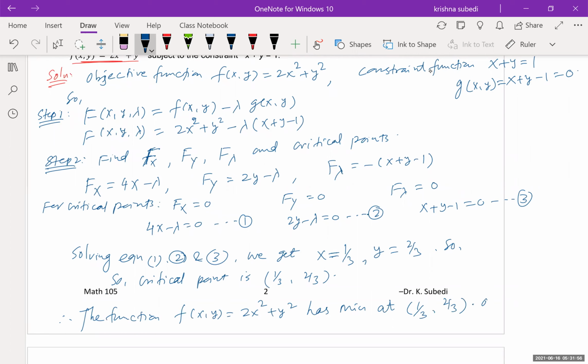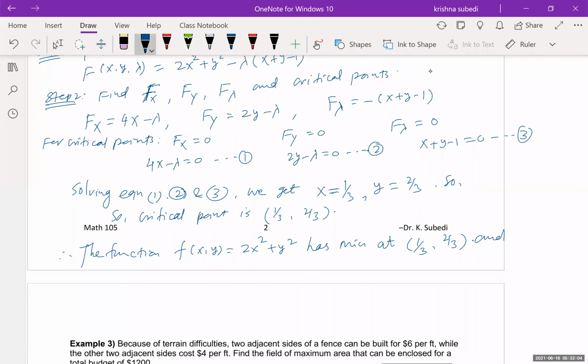And the minimum value is, let us calculate the minimum value. Minimum value equals f of x is 1/3 and y is 2/3 equals 2 times 1/3 squared plus 2/3 squared.